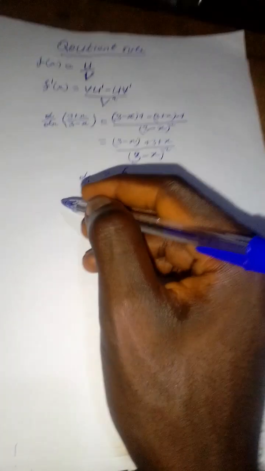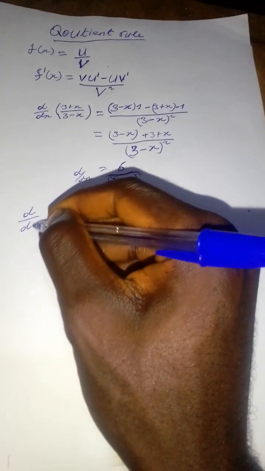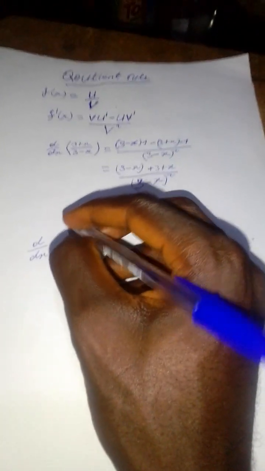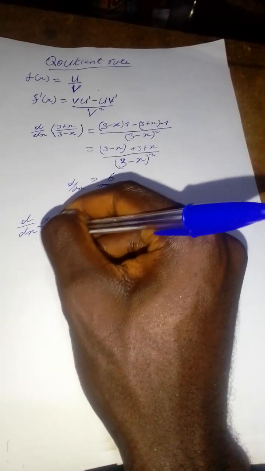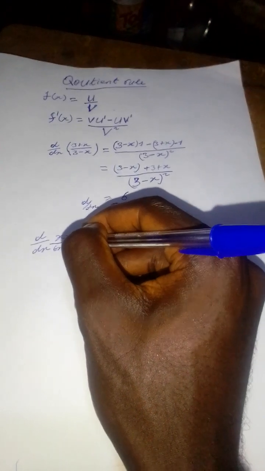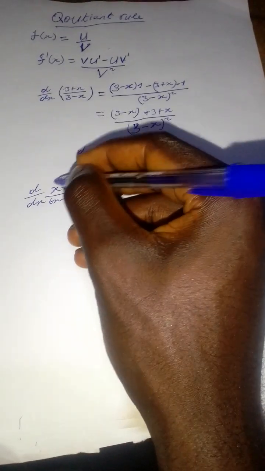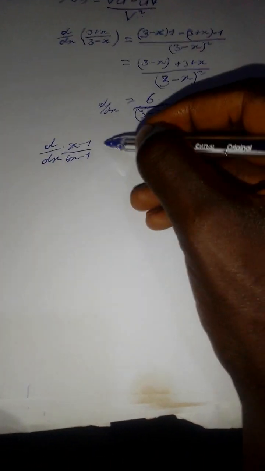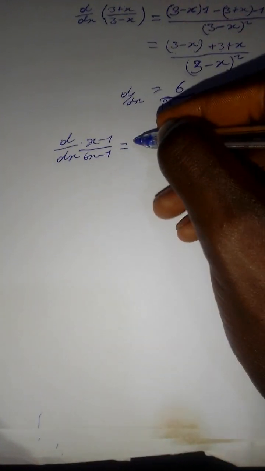Let us go through another simple question. Let me say we should look for d/dx of x minus 1 divided by 6x minus 1. Still using the quotient rule, we follow the rule.